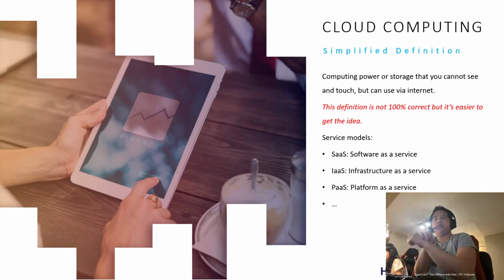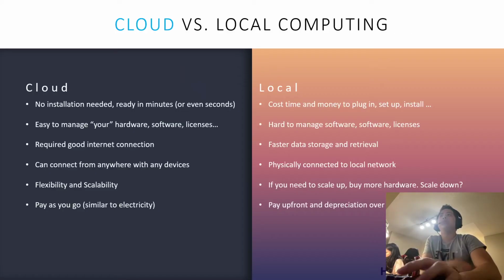I will not go deep into this, but if you see something as a service, you can think of electricity. You don't know how the electricity is generated in the warehouse, but you can just plug your computer into an outlet and use the electricity. You don't have to care about how it's produced.